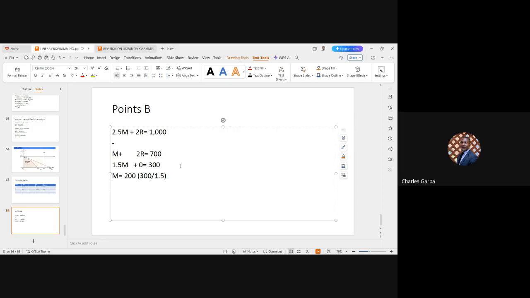To get the value of R, substitute M into any of the equations. Let's substitute M into equation 2.